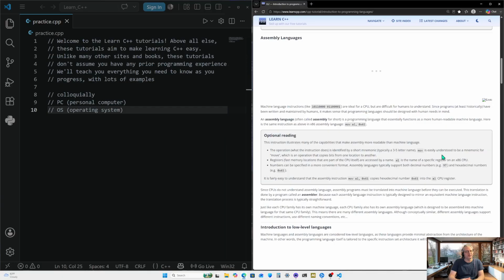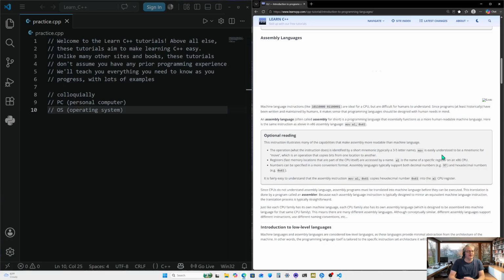So we just shrunk it down, cut one letter off the end of it. Which is an operation that copies bits from one location to another. So basically taking a set of instructions, taking this right here from the CPU, and moving it to the memory, or to the storage, or sending it out to the server to request information back, or whatever it may be.